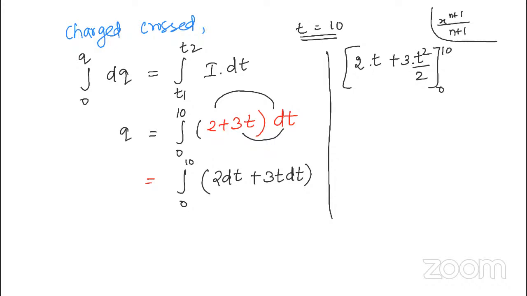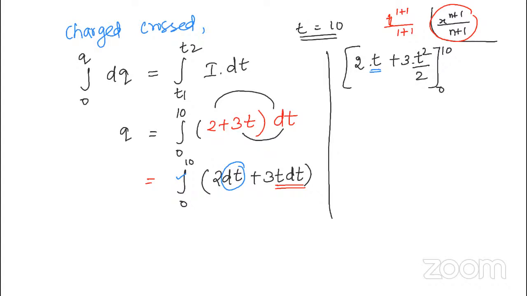Clearly we have to notice: dt integrated becomes t. Then t into dt integrated, we use the formula, with t power of 1, so t power of 1 plus 1 divided by 1 plus 1. So it becomes t square by 2.